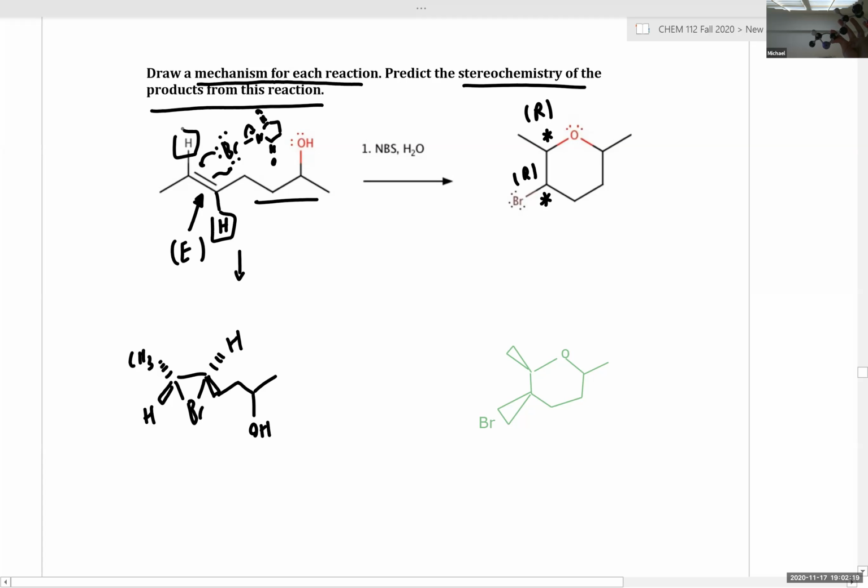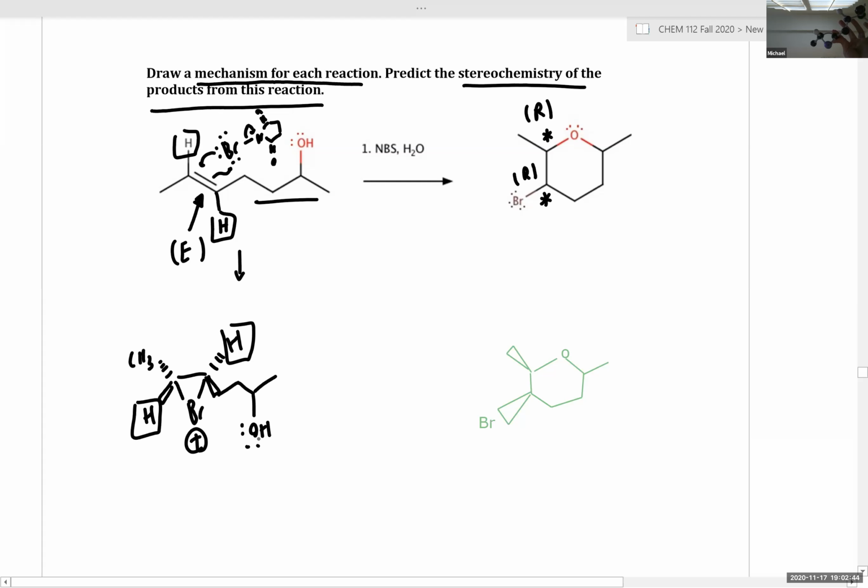Do you notice how these hydrogens are trans to each other? And do you notice how in our halonium intermediate, the hydrogens are also trans? Does that make sense? So make sure to check that your halonium matches your alkene.